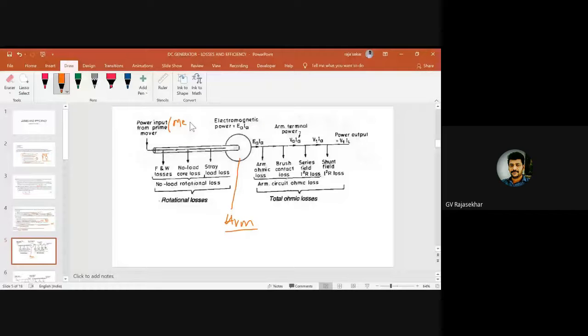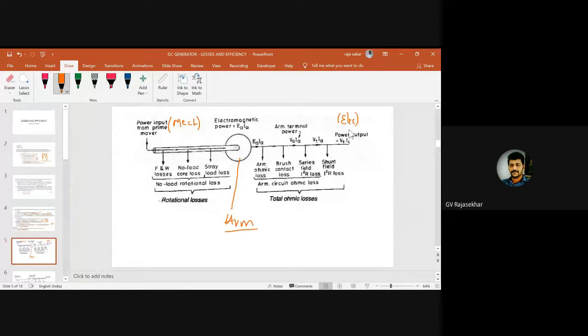For this, we are going to give mechanical input to the generator, and you are going to get electrical output. This is the basic thing that happens in a DC generator.